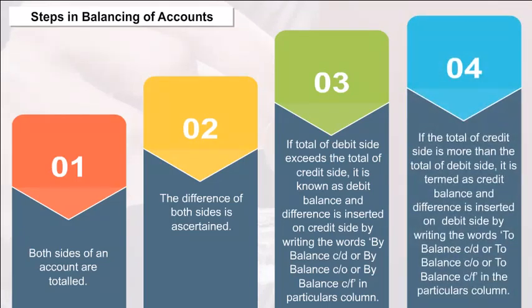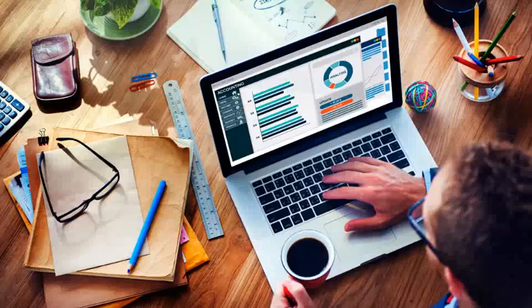If total of credit side exceeds the total of debit side, it is known as credit balance, and the difference is inserted on the debit side by writing the words to balance CD or to balance CO or to balance CF in the particulars column.